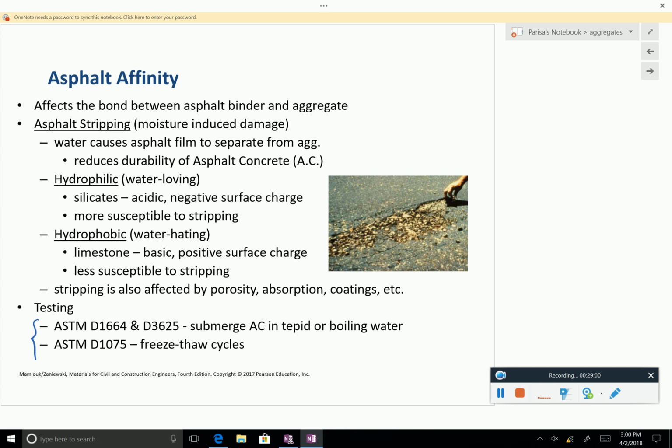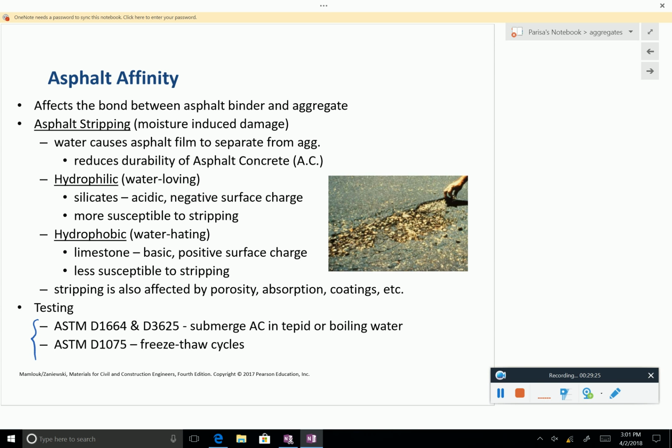This is a serious problem. You can have pieces of asphalt coming off, let's say on a runway or other truck road. If you have stripping, it normally happens at a depth of about 2 inches, and then this top layer basically comes off. So it's an important problem.